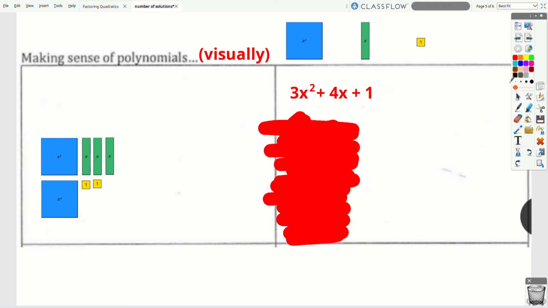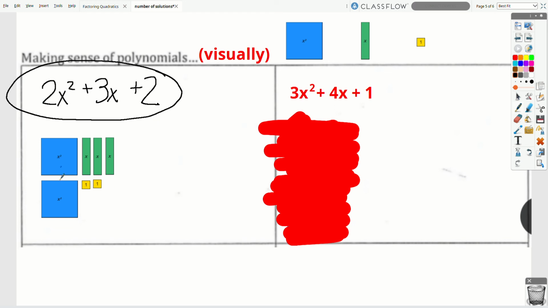So we have how many x squareds? We have 1, 2. So we have 2 x squared pieces. We have 1, 2, 3 x's, plus 3x, plus, and then we have 1, 2, plus 2. So that is the polynomial that represents these shapes.